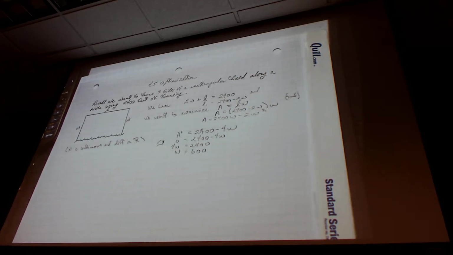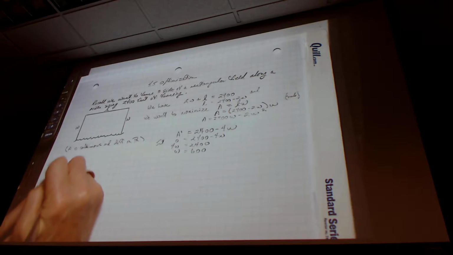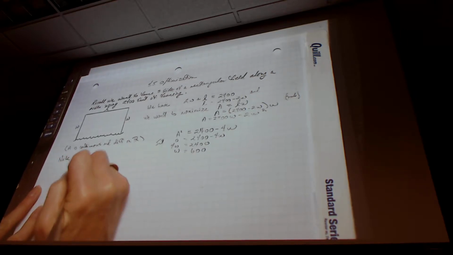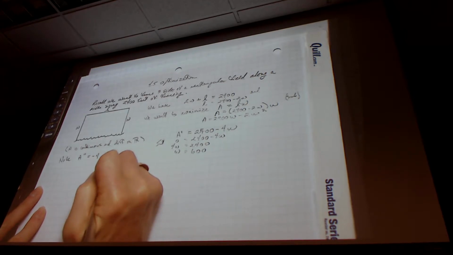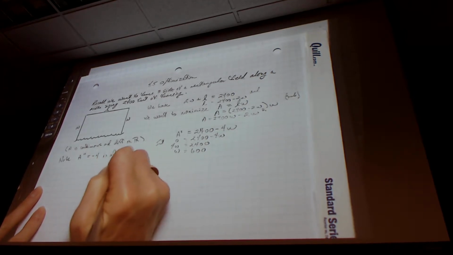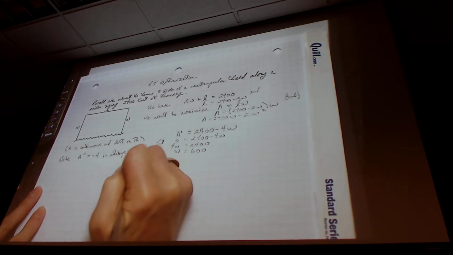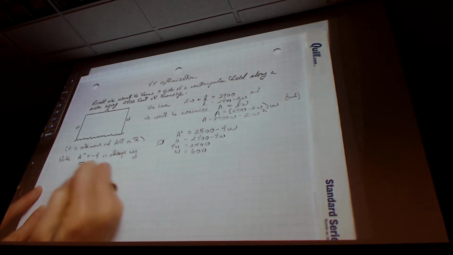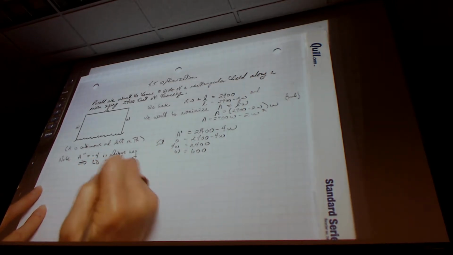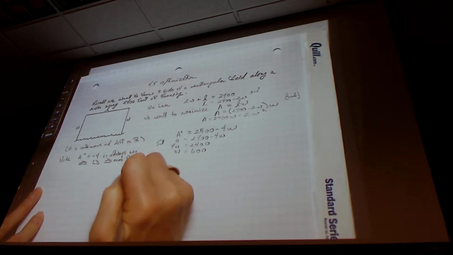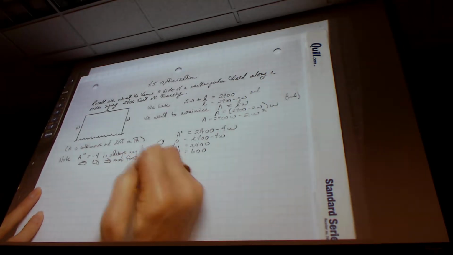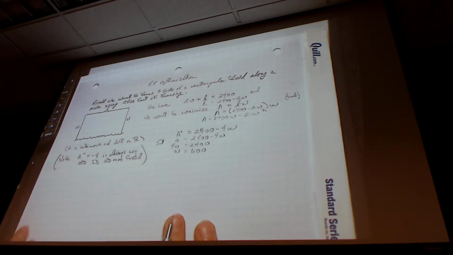So note: A double prime equals negative 4, which is always negative, which implies it's always concave down, which implies a max is formed. This is kind of just a side note just to verify that that is in fact a max.